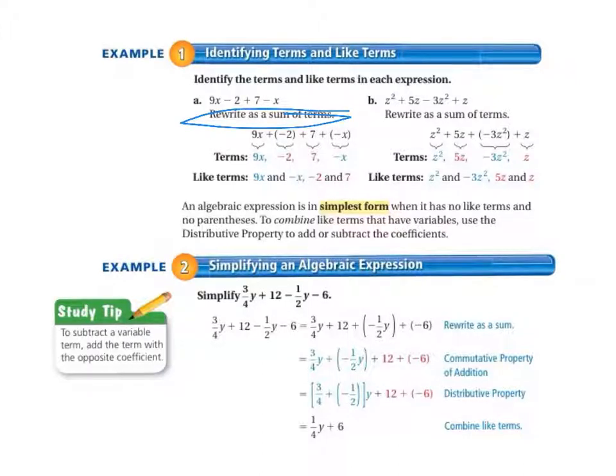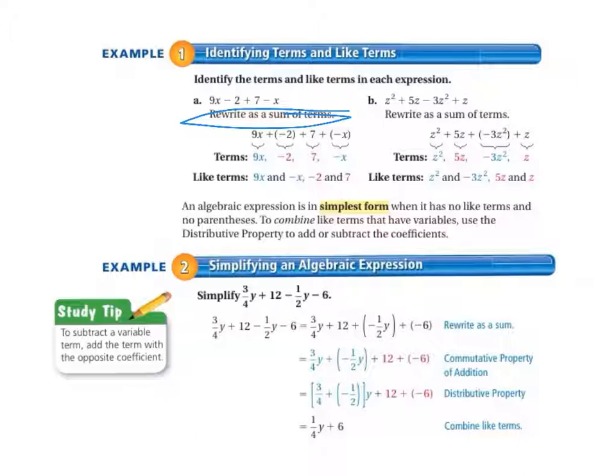Everything before a minus sign, we just put a plus sign before it. And so it comes out 9x plus negative 2 plus 7 plus negative x. That helps us recognize that we need to take the negative sign before the number. It also helps us later when we are simplifying the algebraic expression.